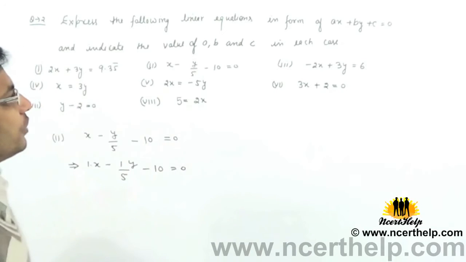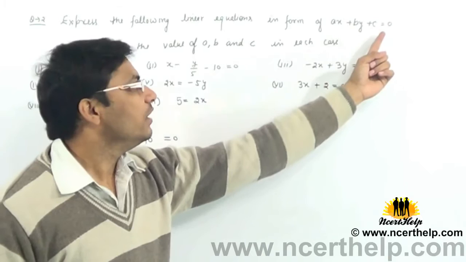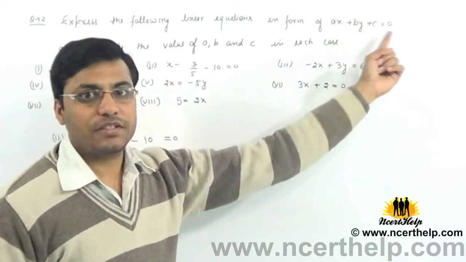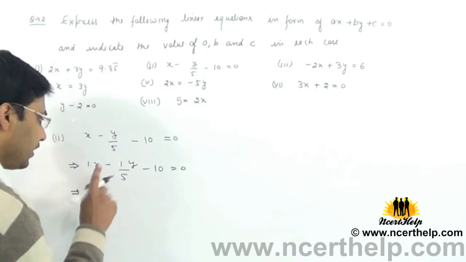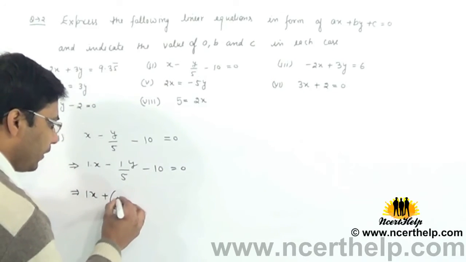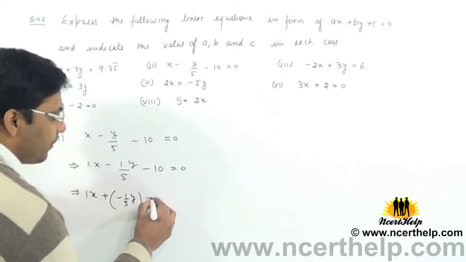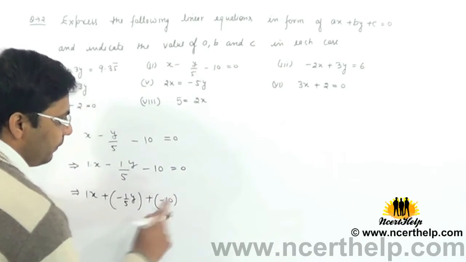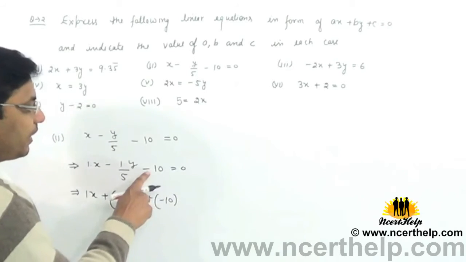We need positive sign between ax, by plus c equals 0. There should be positive sign. So we can write it as positive of negative 1 by 5y. Similarly here positive negative 10. If you multiply plus and minus, it gives negative and we get negative 10.